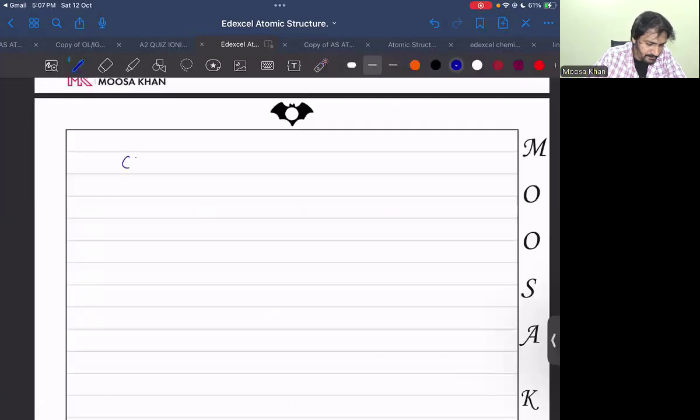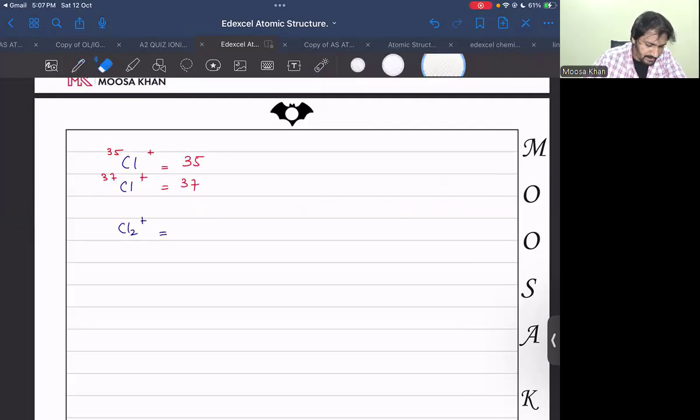Let's say we have chlorine with a mass number 35, and we have chlorine with the mass number 37. And we have Cl2, or let me just write it like this: two chlorine atoms bonded to each other, so it's a molecular ion peak, one with the mass number 35, the other isotope also with the mass number 35.